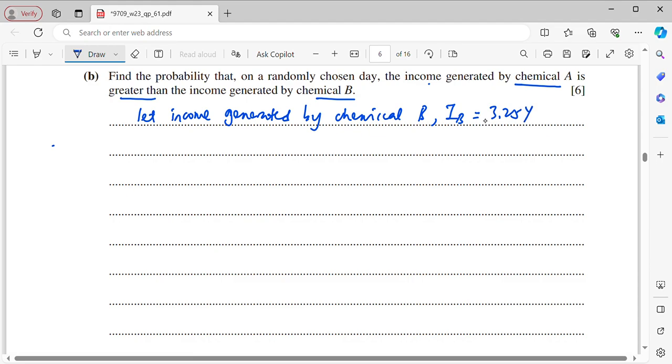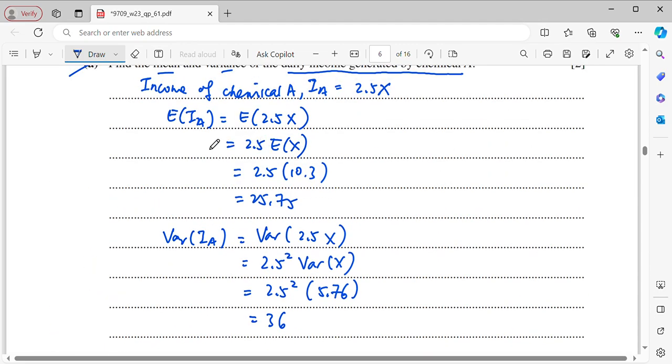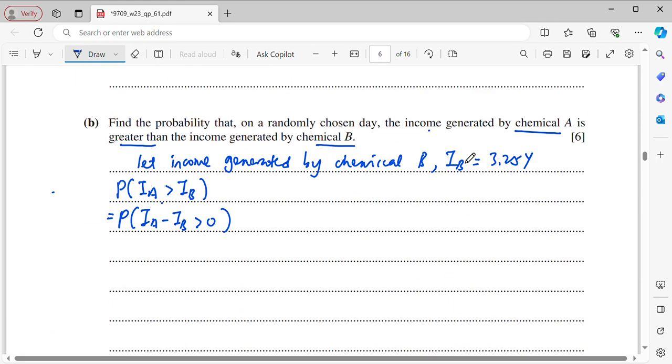Okay, so now you need to calculate P of income A greater than income B. Then from here, it is the same as P of IA minus IB greater than 0. In other words, I need to find the expected value for IA minus IB and also the variance for IA minus IB. Since we have counted IA in the previous part, now I need to count E of IB. So E of IB will be 3.25 EY.